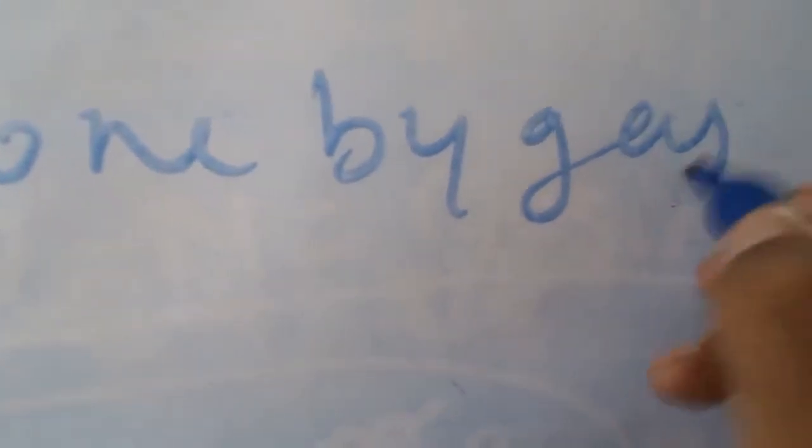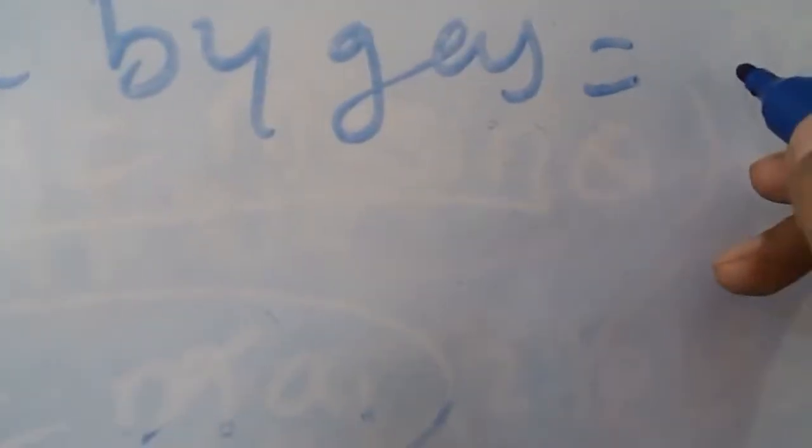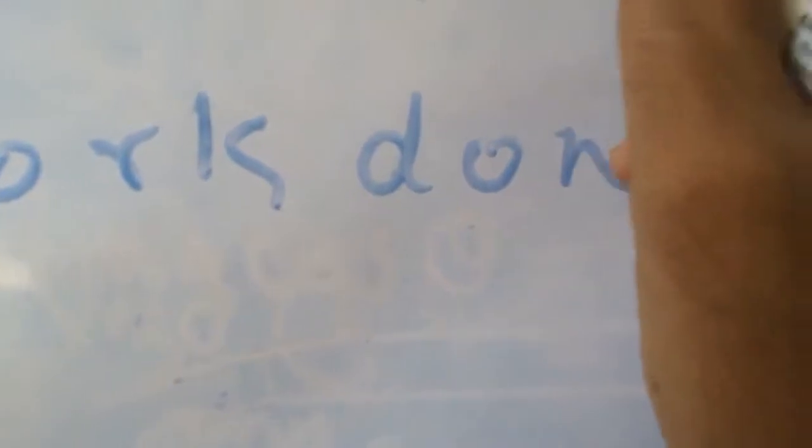So what is the work done by gas? Work done by gas should be equal to 4000 into 10 to the power minus 2, this becomes 40.